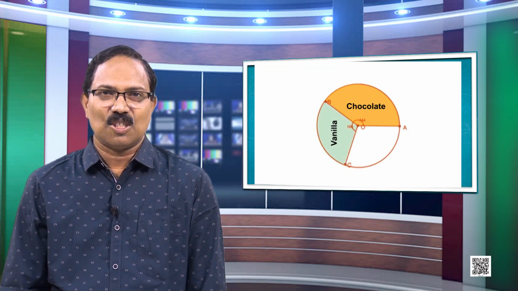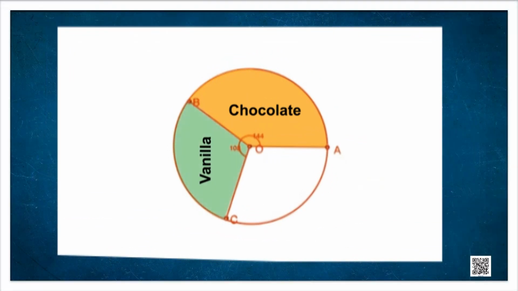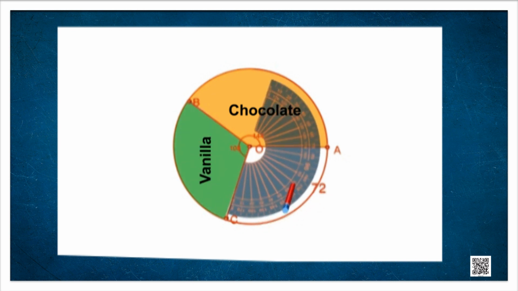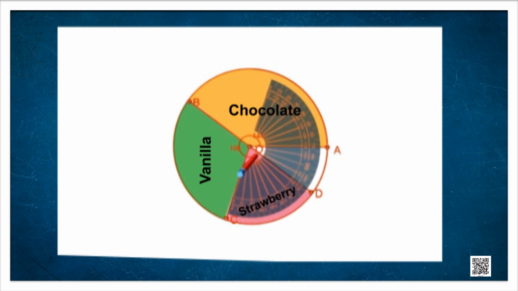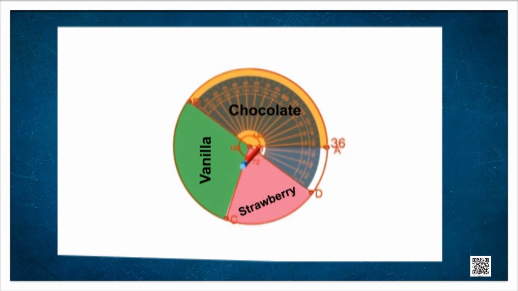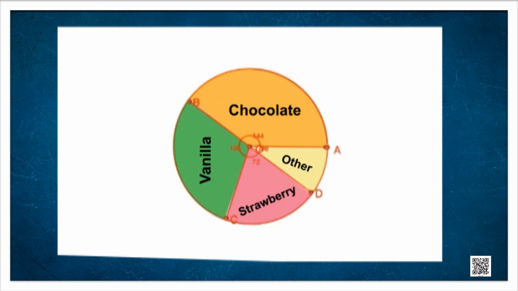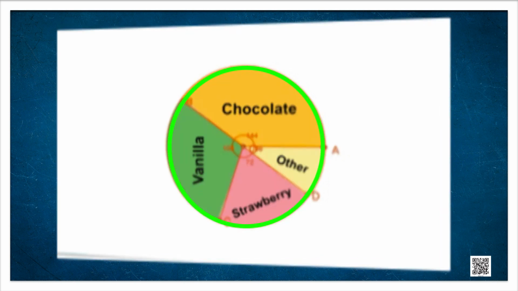This sector shows the vanilla. Similarly, you have to do it for strawberry and other flavors. So when you join these degrees, 72 and 36, with the origin, you get a complete circle.